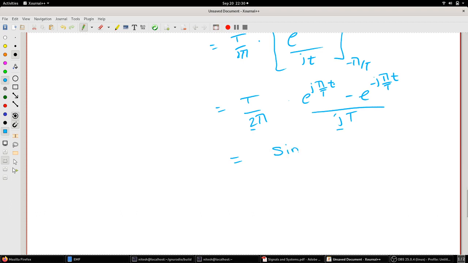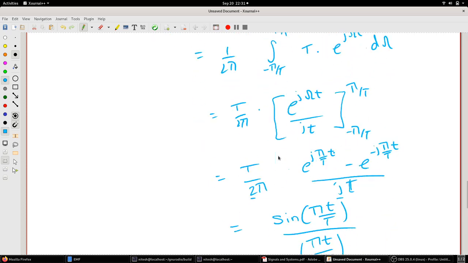So sin(πt/T) upon πt/T. This is what you will get as the inverse Fourier transform, that is h_r(t).